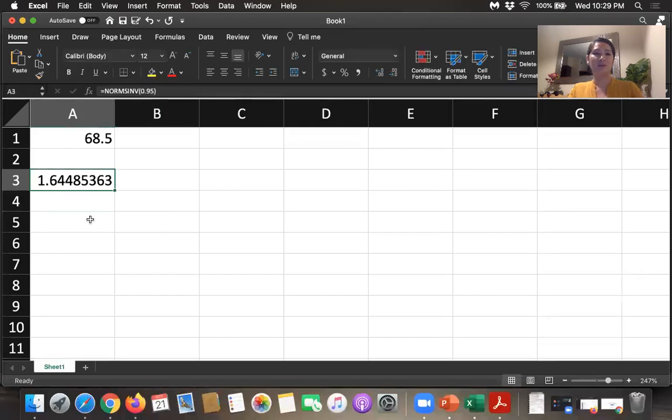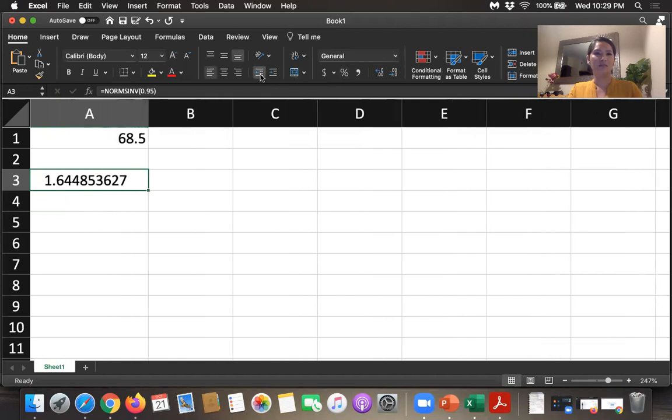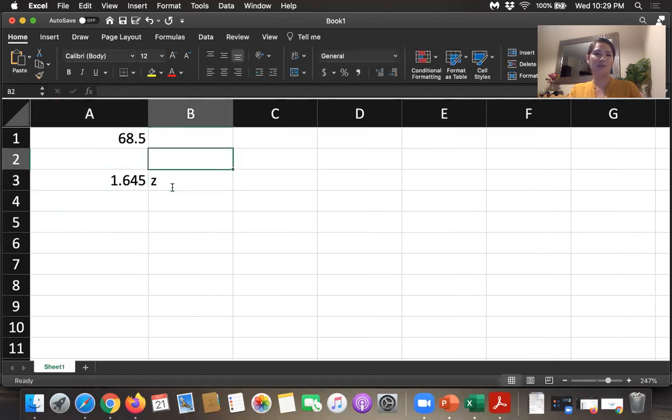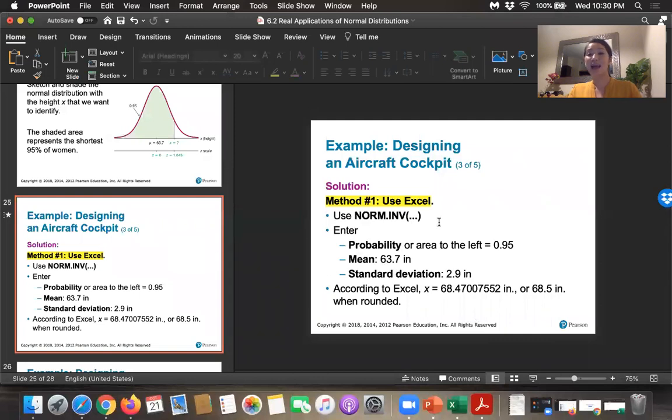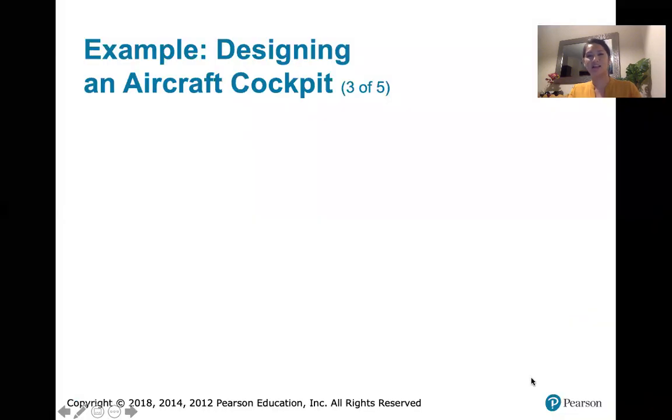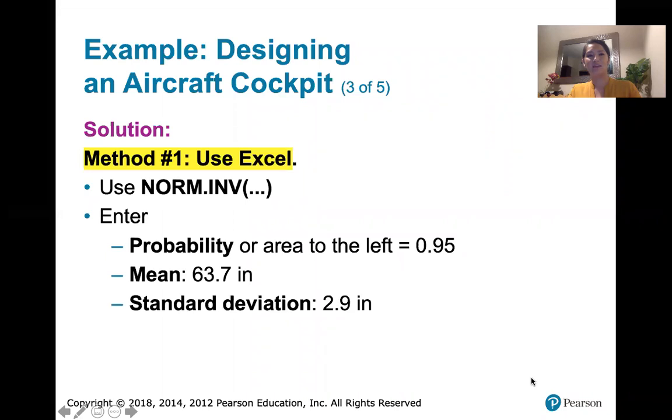That gives me a z-score of 1.645 approximately, if I round to 3 decimal places. So if I round to 3 decimal places, I get a z-score of 1.645, and this is my x value. Okay. But I don't have to find the z-score if I'm using Excel. I can skip right over that and find the x value.